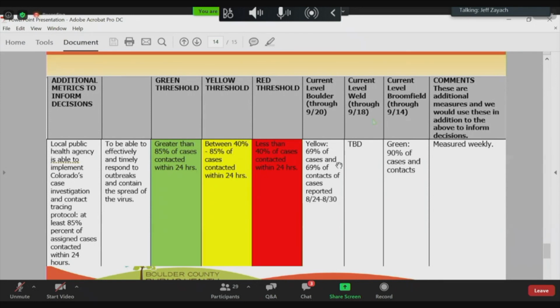So between the CU case investigators and contact tracers, the State Health Department's, and our own, we're able to respond to all the cases that we're seeing at this point.